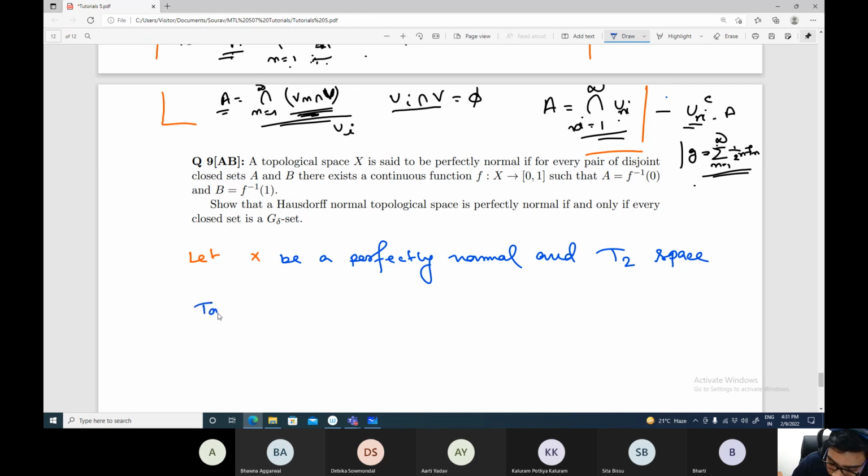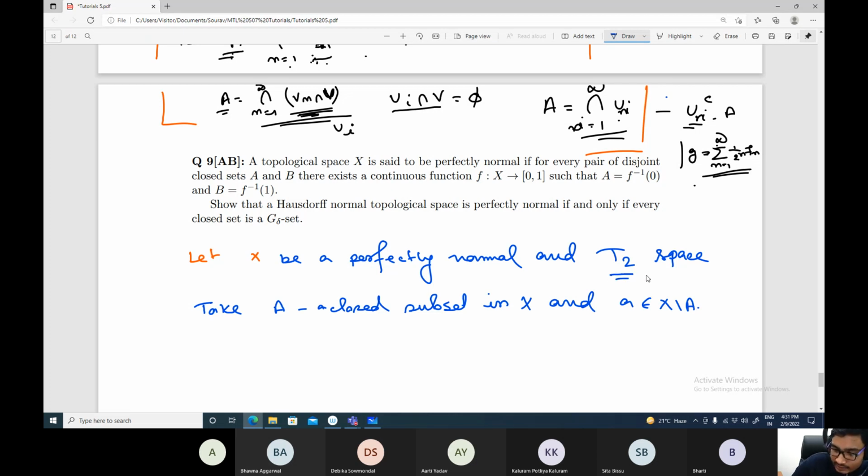Now take a closed set A in X and take an element from X minus A, right?